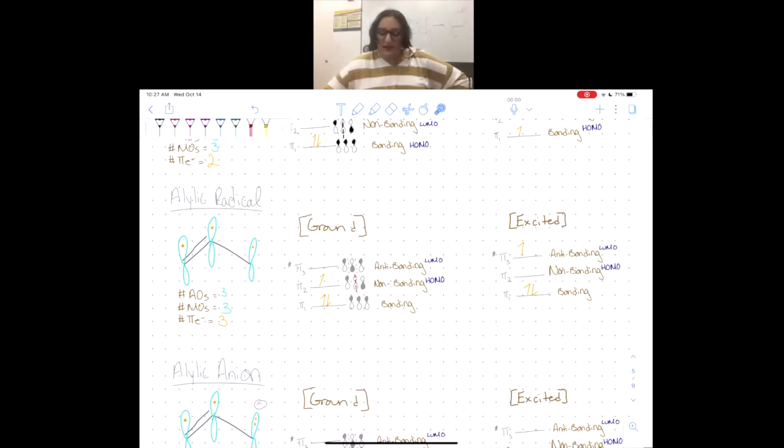We have 2 bonding electrons in the ground state, 1 non-bonding, and 0 antibonding electrons. In the excited state, we still have 2 bonding electrons, but we have 0 non-bonding electrons and 1 antibonding electron.